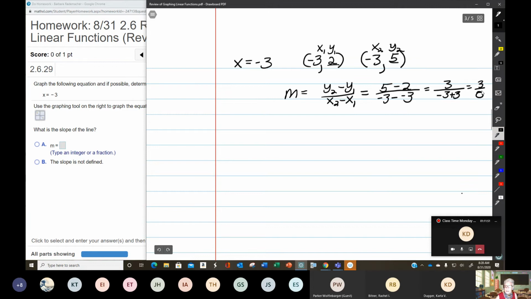And ultimately, 3 divided by 0 is infinity. And there is no definition for infinity. Nobody really knows what infinity is, except it's really big. So the slope of a vertical line is undefined.